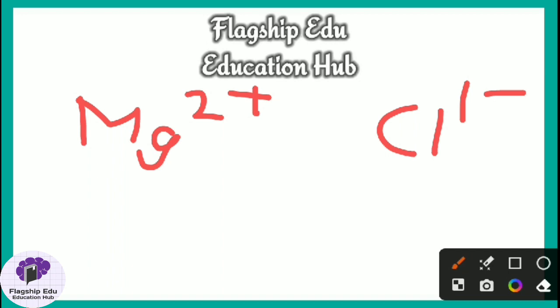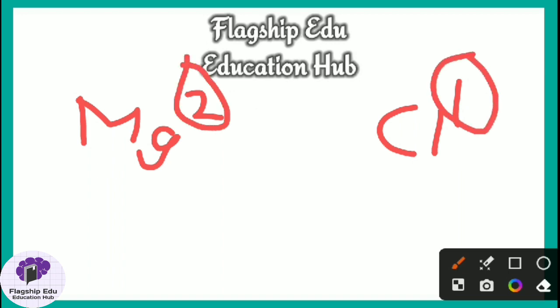Both the valencies have been written, and the second step is to ignore the plus and minus symbol of the radicals. It doesn't matter, so I can erase this. The main thing is this 2 and this 1. You have to keep it in mind.